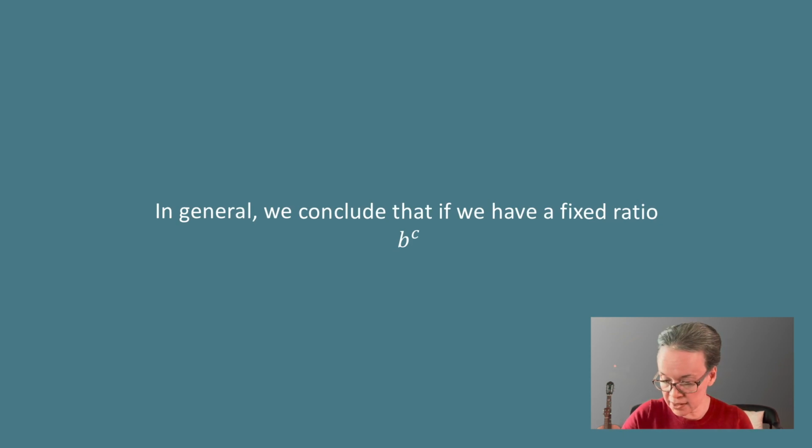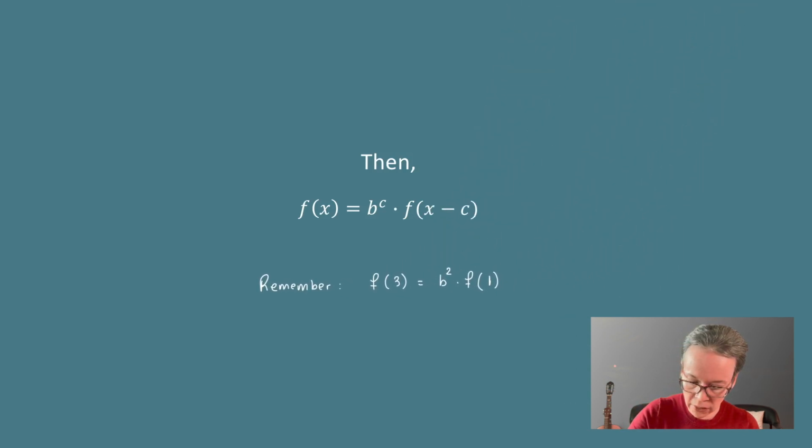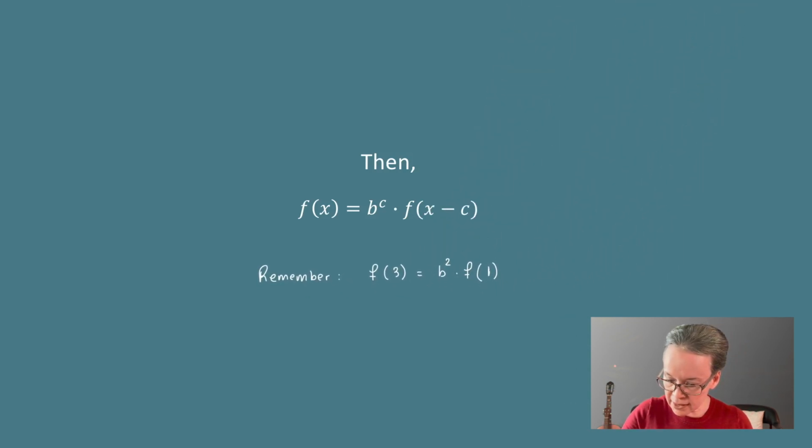If we know that this is the fixed ratio, then hopefully we can conclude that f of x at any x value, not just natural numbers, I can have a decimal here, is going to be equal to the fixed ratio times the value of the function c steps backwards.